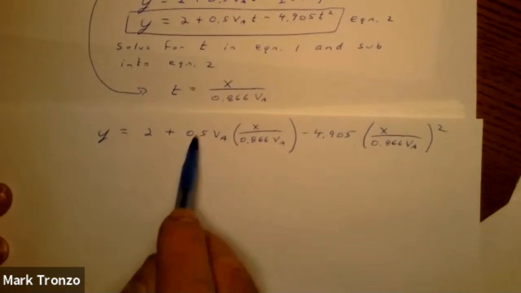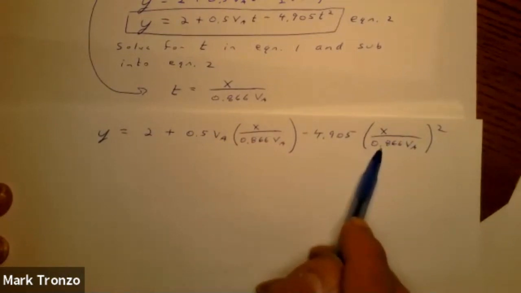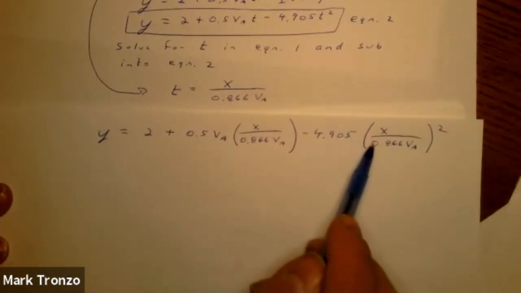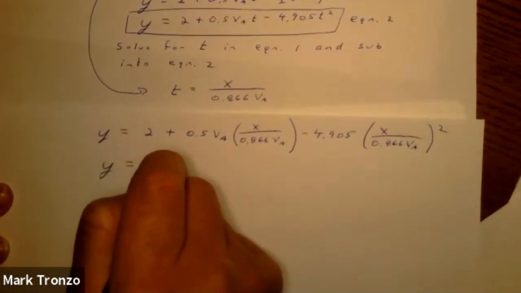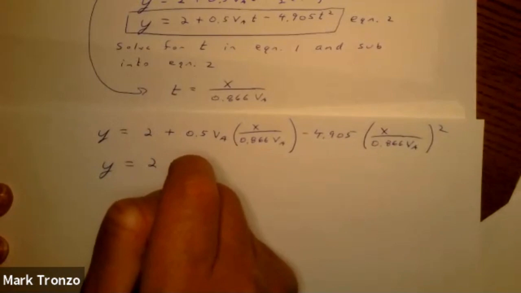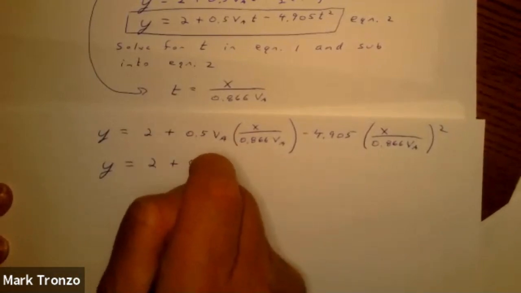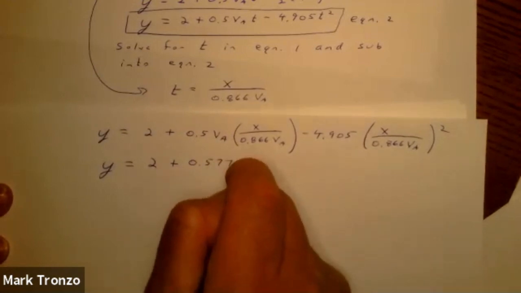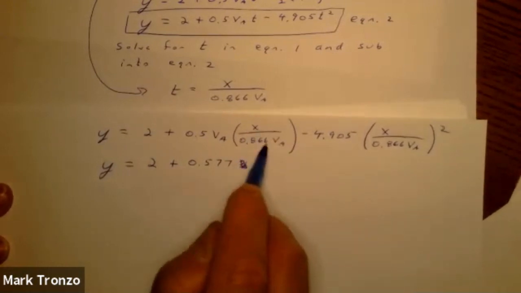And now if you multiply things out, if you do this division here, this 0.5 divided by 0.866, and if you square this thing and divide it over, we can get rid of some of these numbers here, can't we? We can make this look a little bit better. So it'll be 2 plus, and then when you do this division here, you get 0.577, and the VAs cancel.